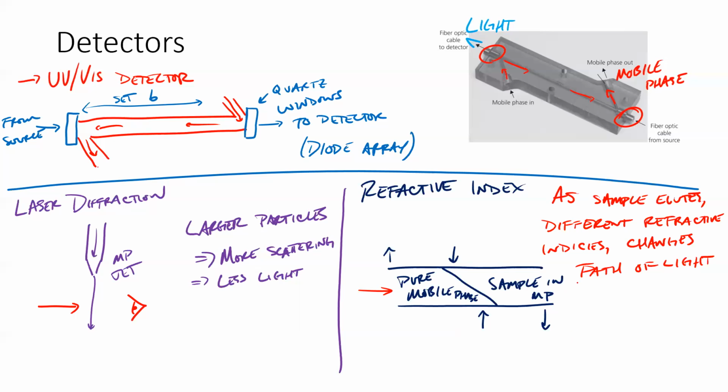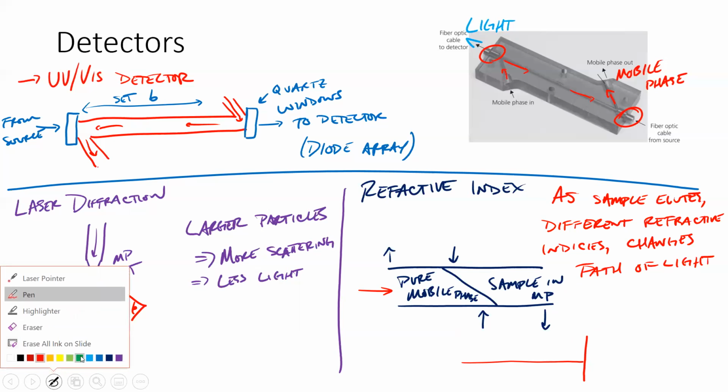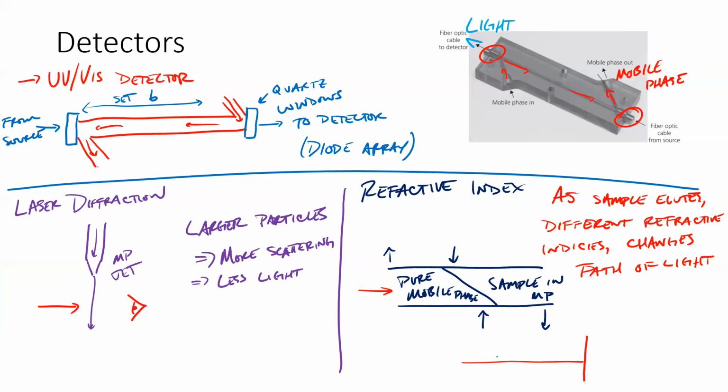And so, you've got a detector that's like a vertical line kind of detector. And so if the light normally shows up here, if there's a bit of sample, then that light might get diffracted and show up there, right?